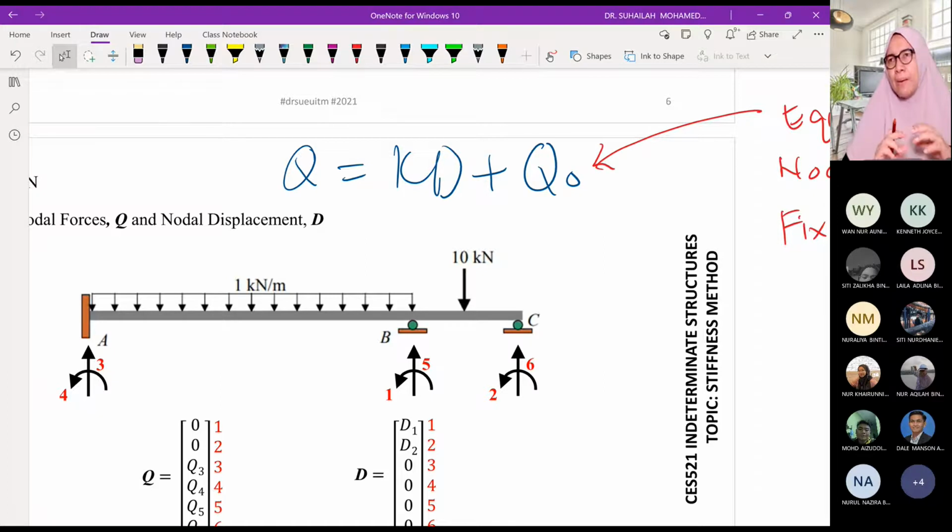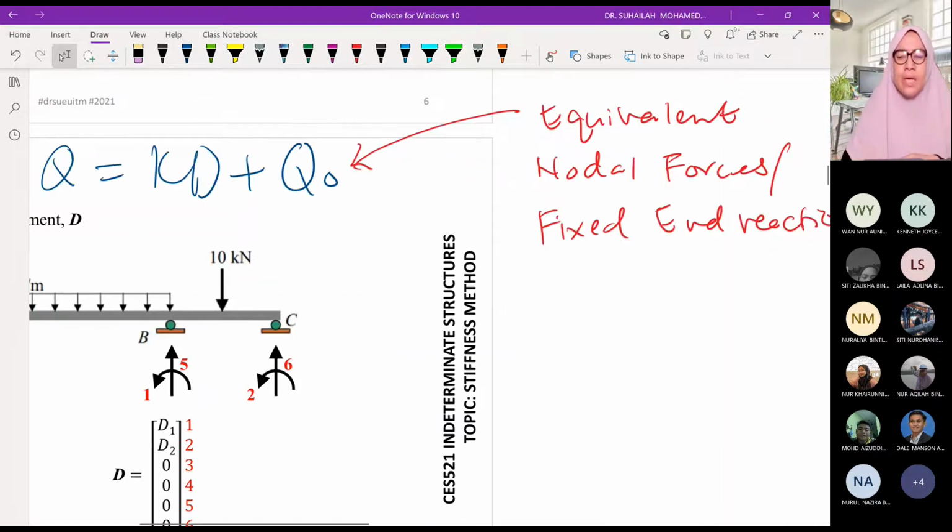Because you have to remember, when we analyze structures using stiffness method, we will analyze displacement and forces at nodes only. We will calculate the displacement and reaction at nodes. Sama macam when we model the building in the software, we can get the output at nodes only.